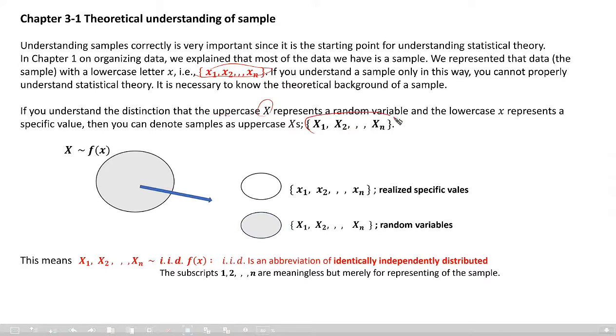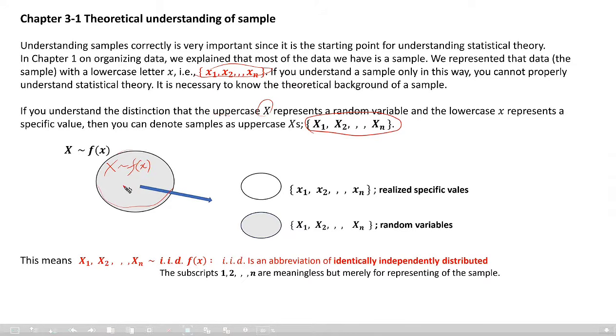You have to understand this notation and meaning. Let's say there is a population X. Population can be denoted by random variable X. If you have a random variable, then that variable has some probability distribution function, f of x, right?